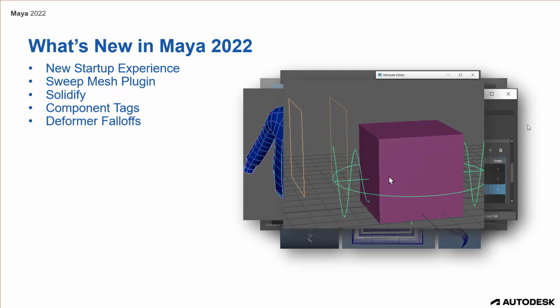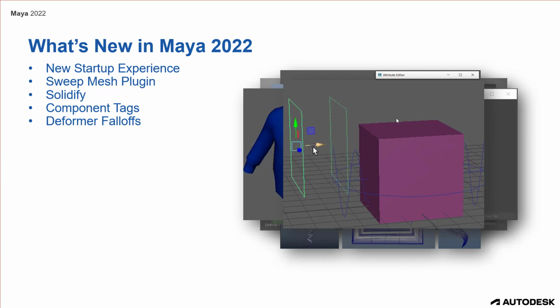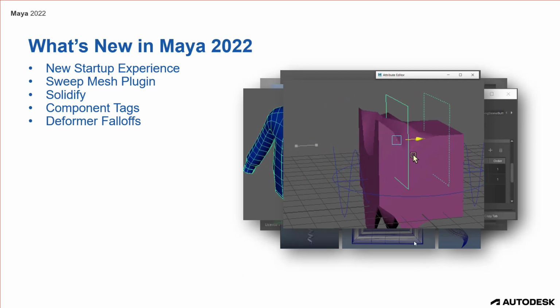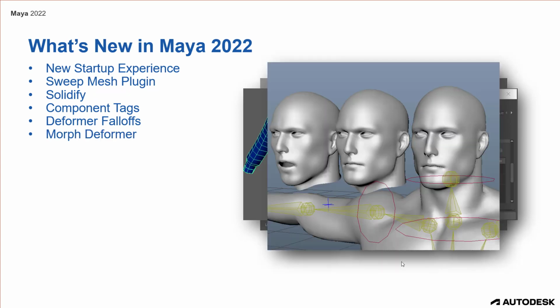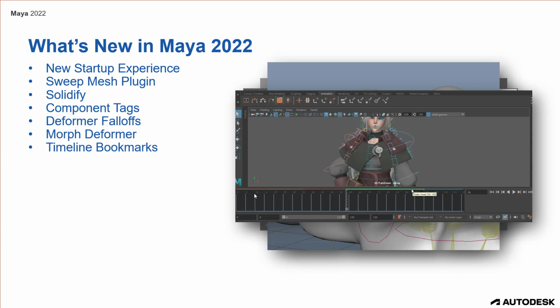The component tags make use of these new fall-off objects that can also be used with other deformers in Maya. Then we looked at the morph deformer and the timeline bookmarks that can now be used with the control key to move around interactively.